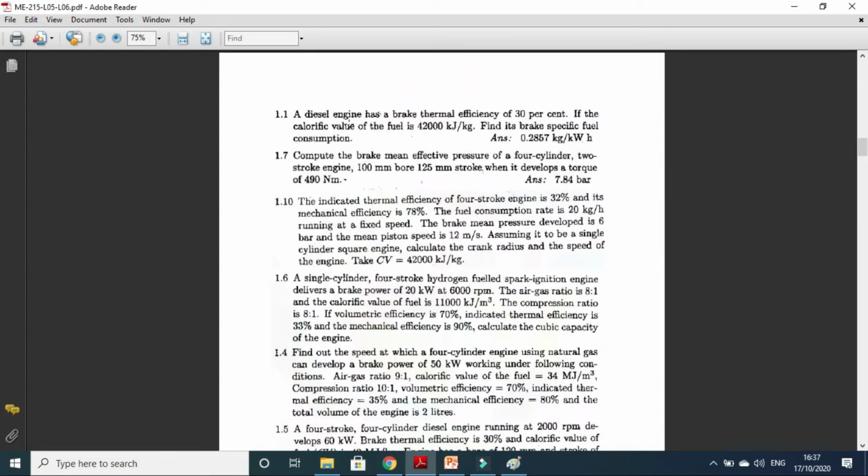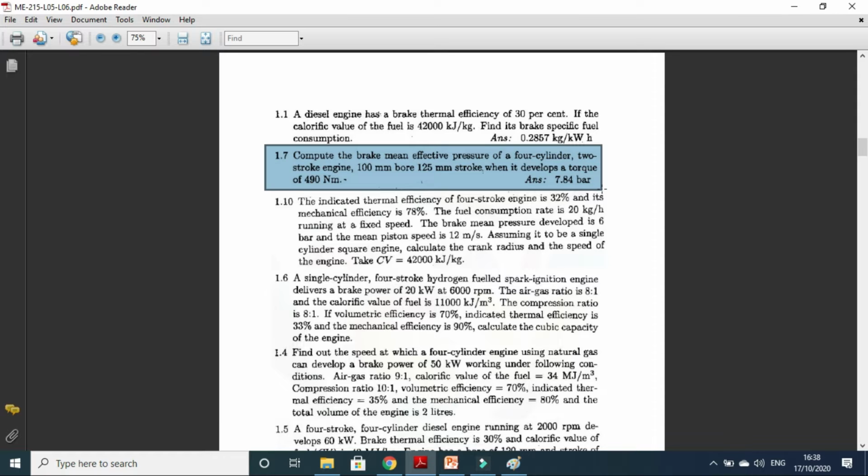Okay, now let's solve the next numerical 1.7. 1.7 is also an unsolved numerical given at the end of chapter number 1. Compute the effective pressure of a 4-cylinder 2-stroke engine. 4-cylinder means K is 4. 2-stroke means n will be equal to capital N. 100 millimeter bore, so D is 100 millimeter, 0.1 meter, and 125 millimeter stroke.